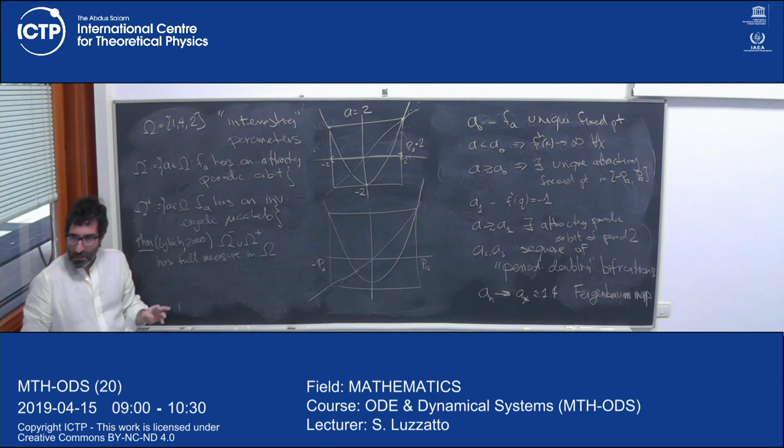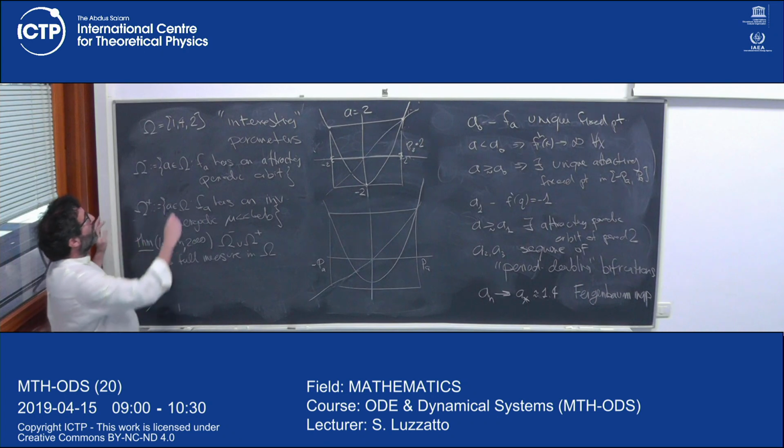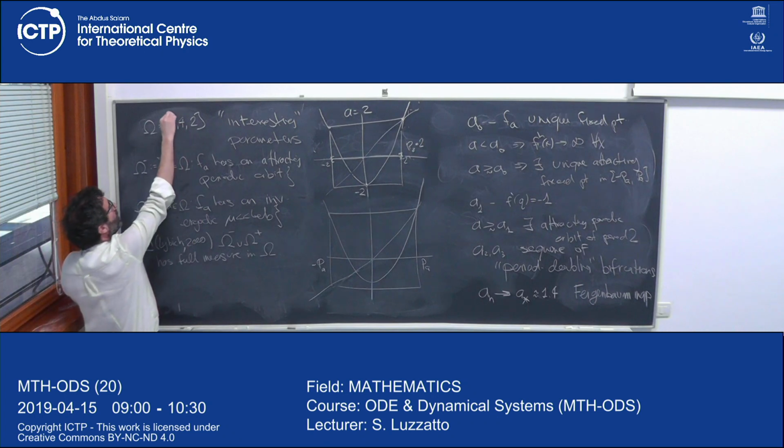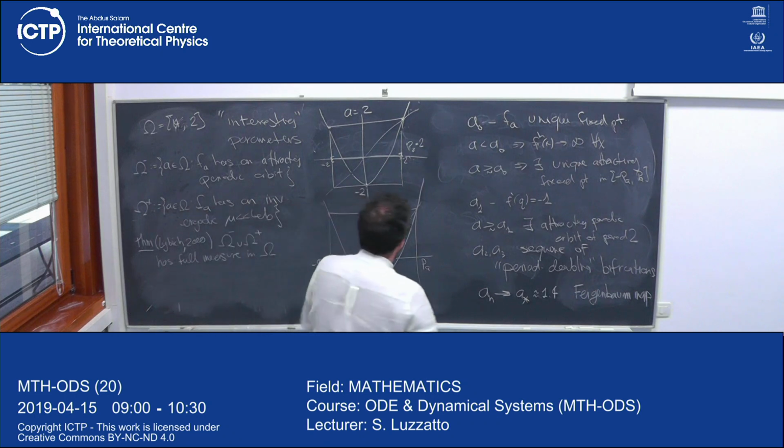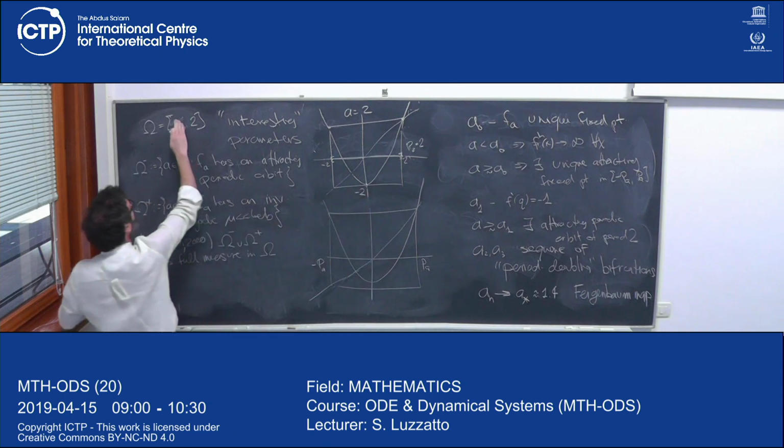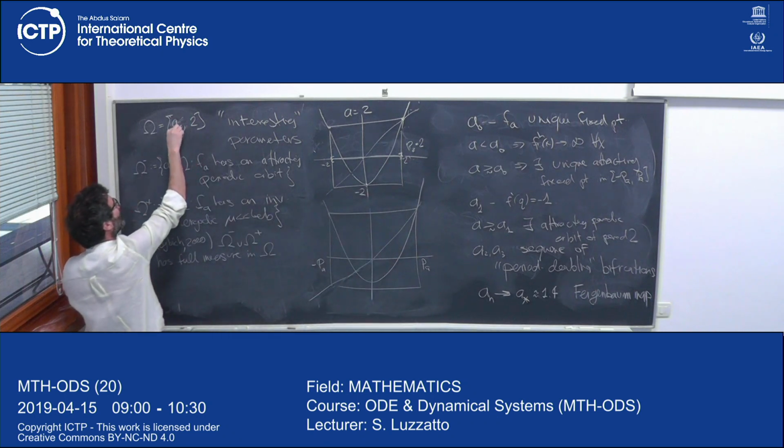Sorry, this omega is 1.4 to 2. Is it an interval or just 3 parameters? No, it's an interval, 1.4 to 2. Really, I should put a star.